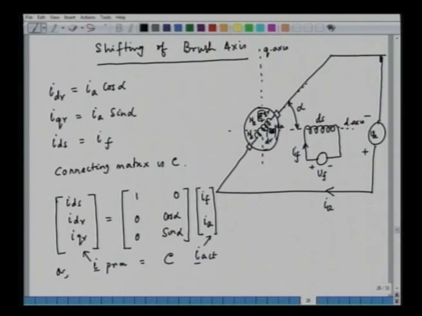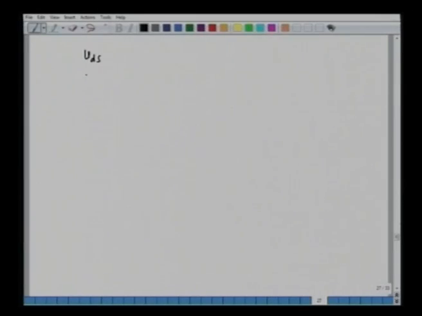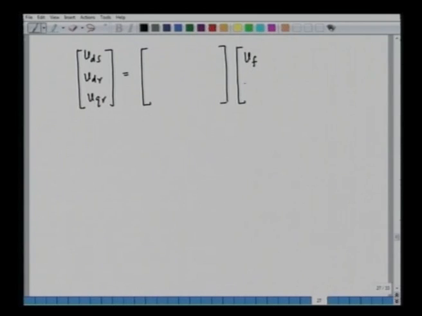In a similar way we can write down the expression for the voltage. So, the voltage and currents are related. We can write down VDS, VDR and VQR, the voltages of the primitive variables, in terms of the actual variable voltages, that is VF and VA.